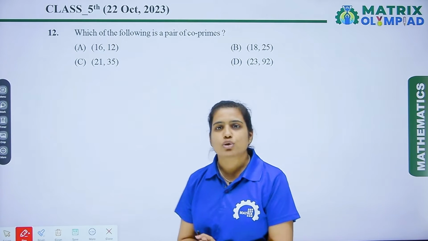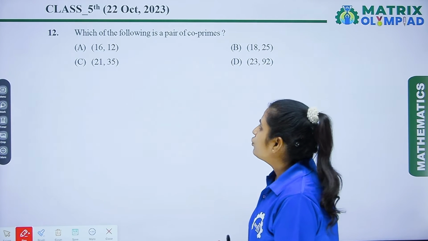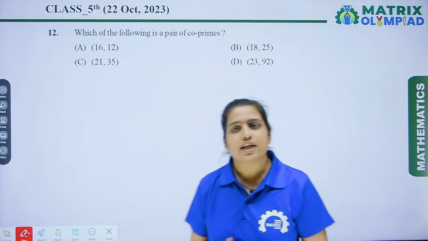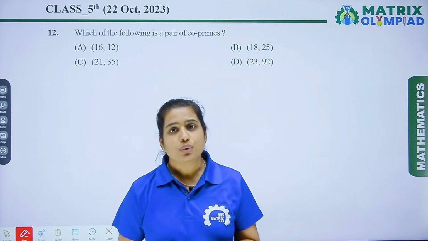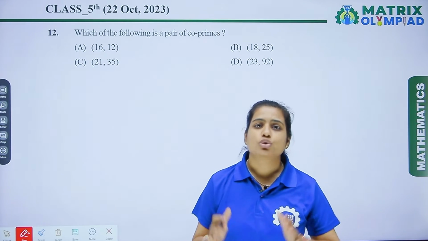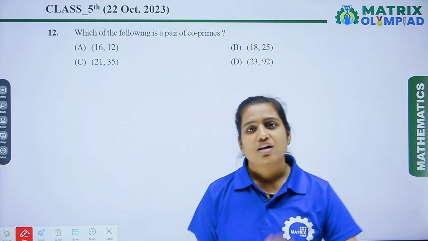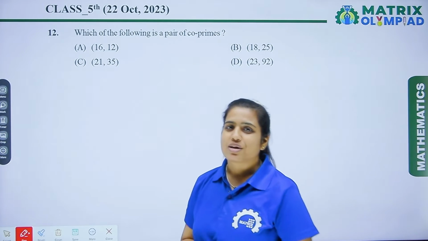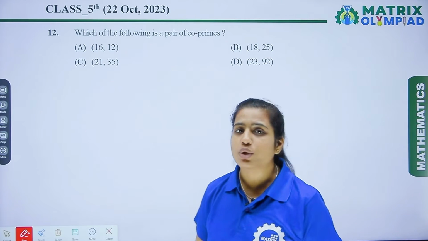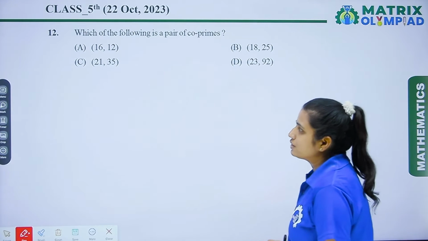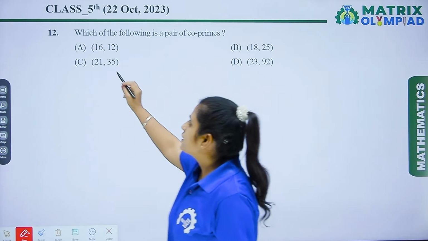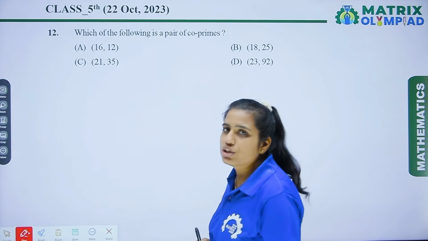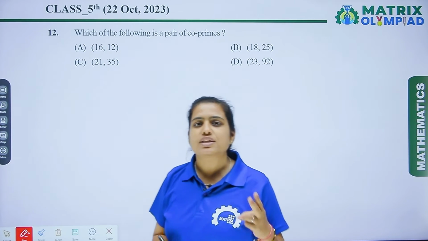Now let's start question number 12. Which of the following is a pair of coprimes? So here we have to find the pair of coprimes. We know that coprime numbers are those numbers which have only 1 as a common factor, meaning the HCF of both numbers should be 1. So let's check option A, 16 and 12.